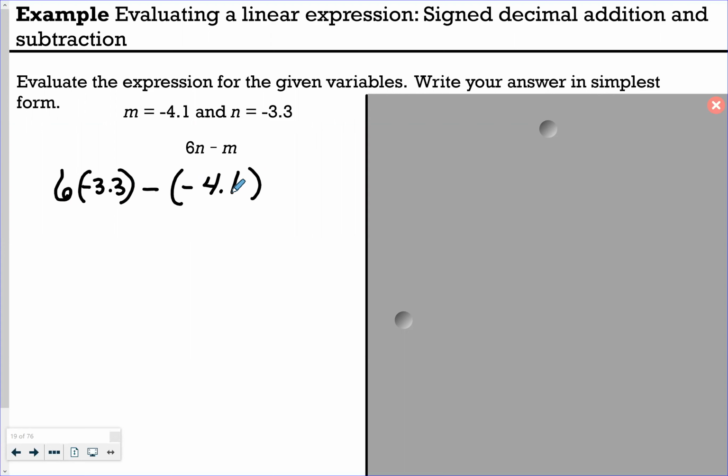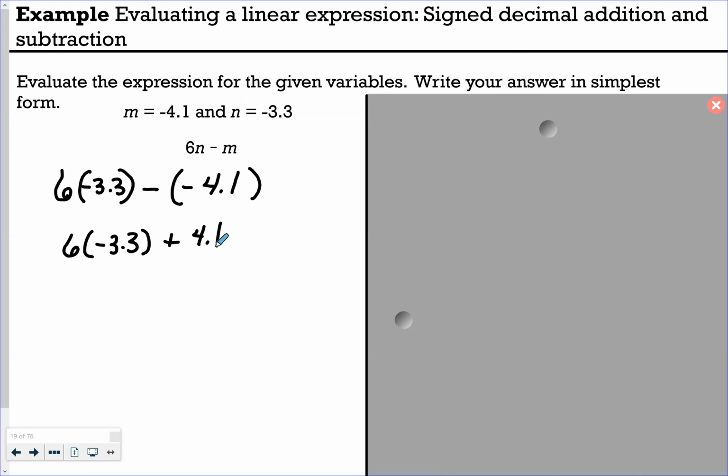All right, so at this point, I see I have a minus negative, so I'm going to just rewrite this question to simplify this. The double negative means that it's equivalent to plus, so 6 parentheses, negative 3.3 plus 4.1.